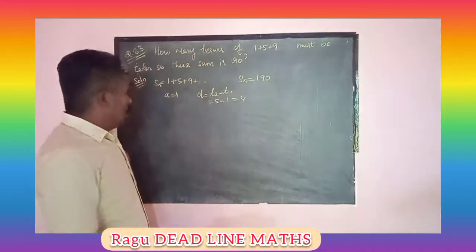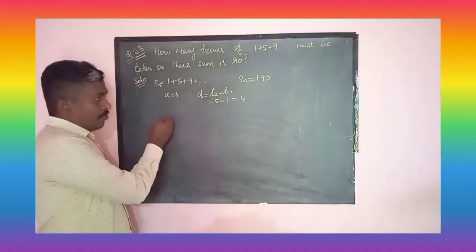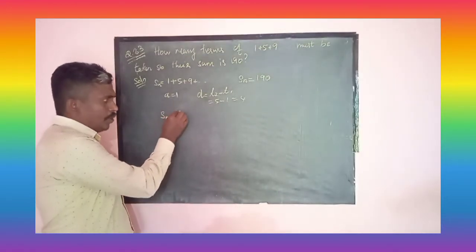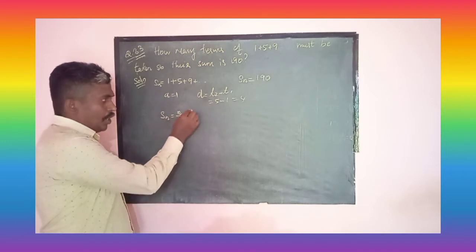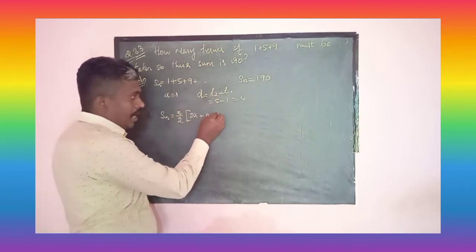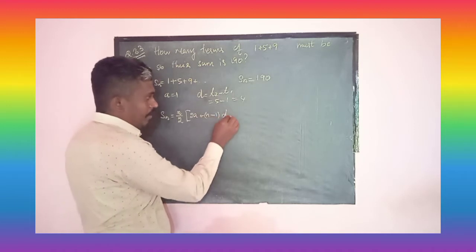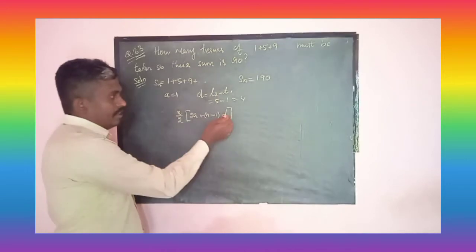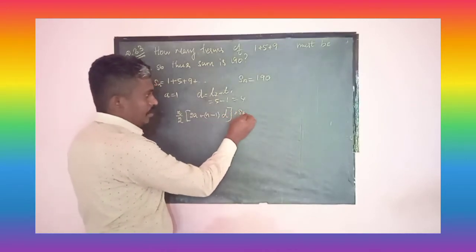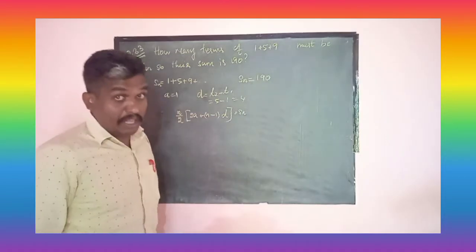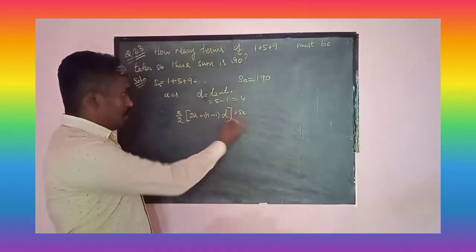So the formula for the sum of the sequence is Sn = n/2 [2a + (n - 1)d]. Because Sn, the sum of the sequence, is given, we have to write it on that side.